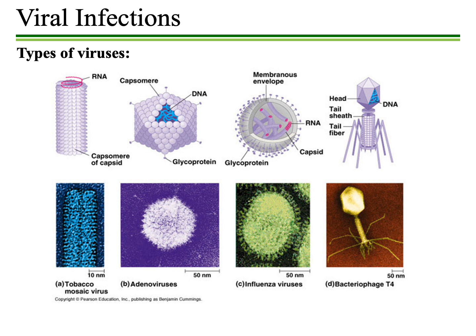Now, there are a variety of viruses that are much more complex than the simple description I've just given you, but for our purposes, we're going to look at very basic components of viruses.